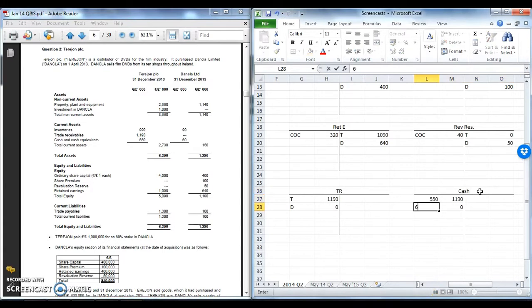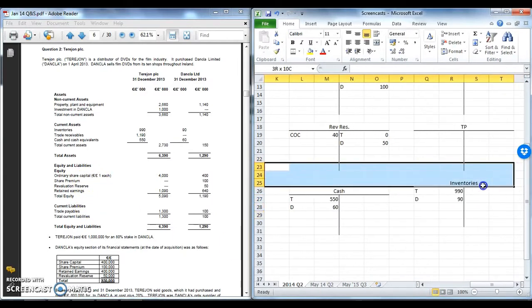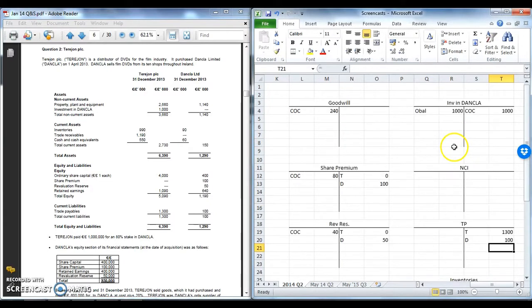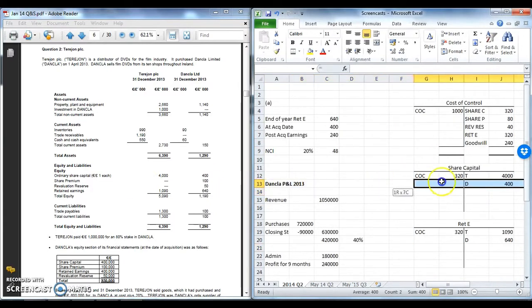Cash 550 and 60. Ordinary share capital, all the equities are done. Trade payables, don't forget, is a credit balance of 1300 and 100. So now we have all those balances done, and we can start doing our consolidated SOFP.